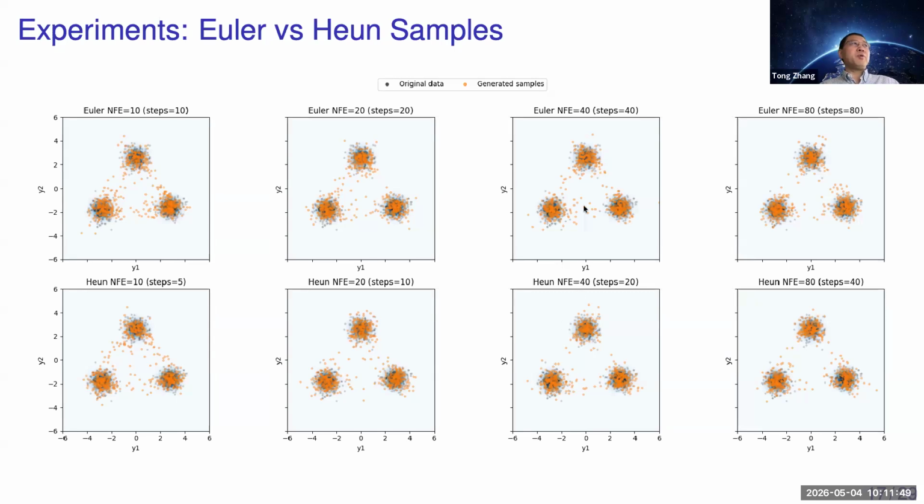Definitely it's not worse than that. In any case, you are using half of the steps, with the same function evaluations. This one maybe seems a little bit better, but you can try other methods and other data.